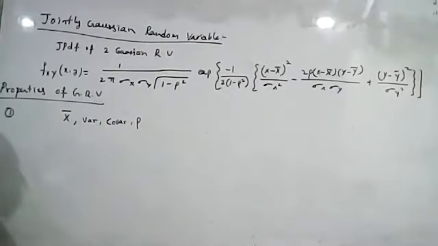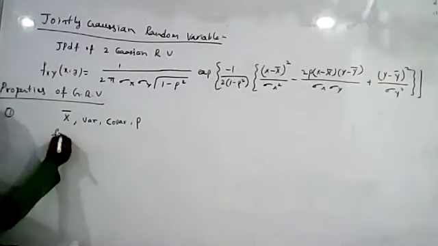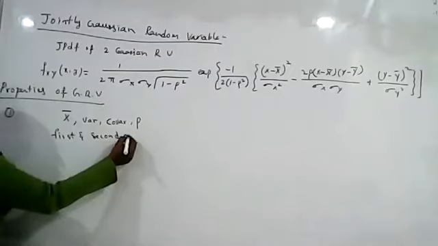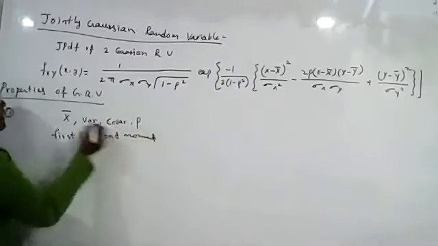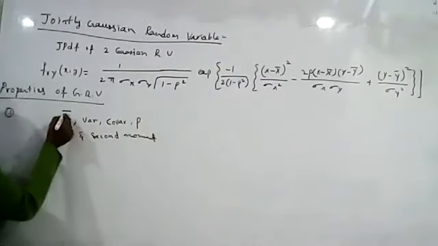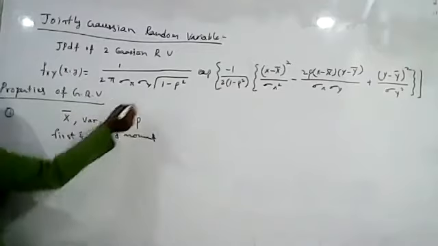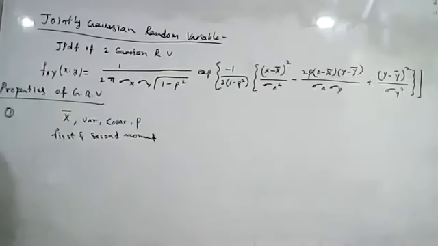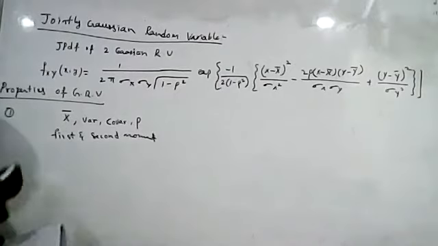So to obtain the joint probability density function of a Gaussian random variable, we require first and second order moments. If you observe this equation, we require x bar, and we require variance, covariance and rho. If you know this, you can obtain the joint probability density function of Gaussian random variables.